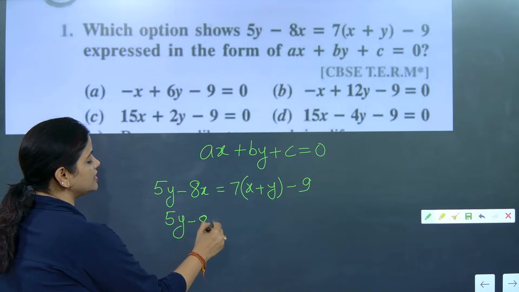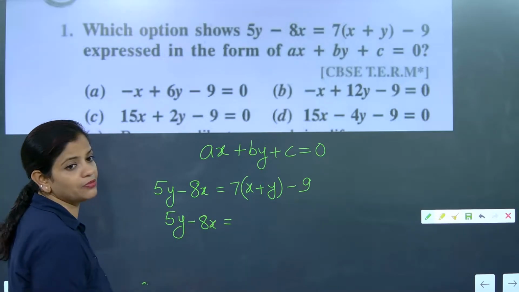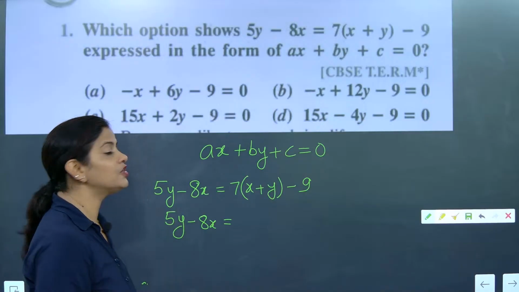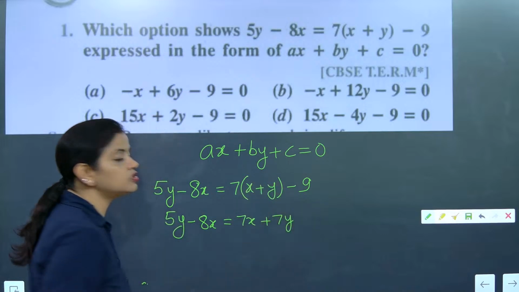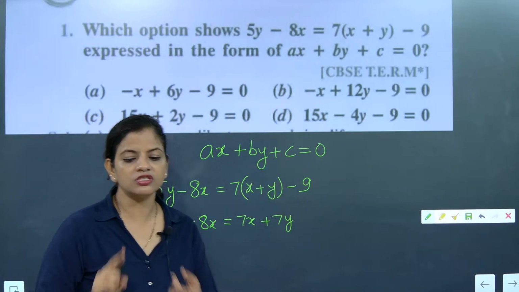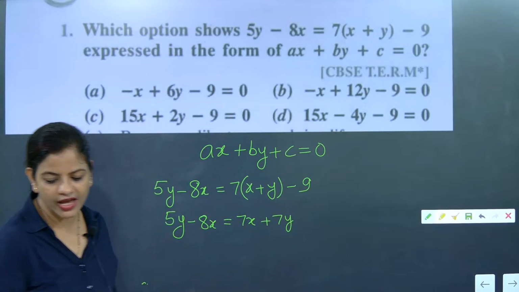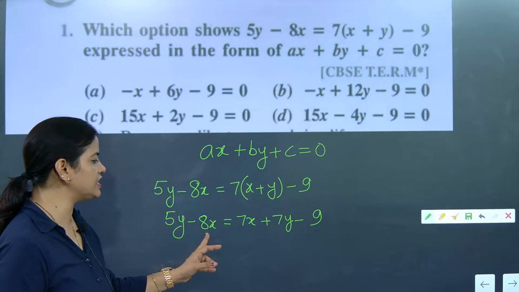5y minus 8x equal to 7, and now this bracket is there, means 7 will be distributed to both x and y. So it will become what, beta? 7x plus 7y. Now the bracket is broken because 7 one time got multiplied to x, one time to y. Now it will become minus 9. Now we can shift everything to this side.